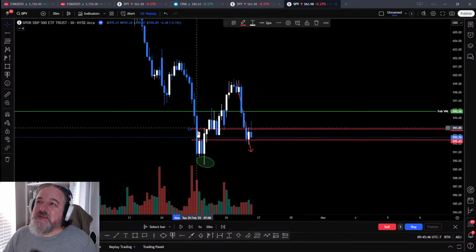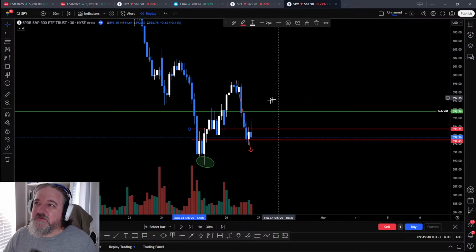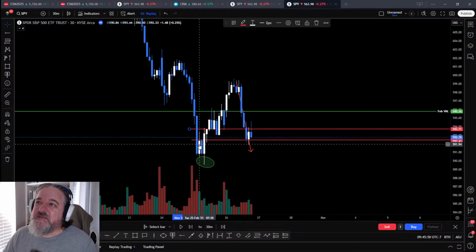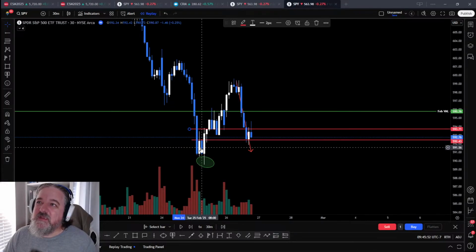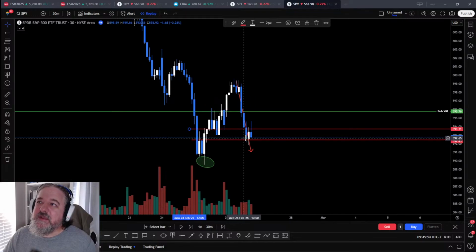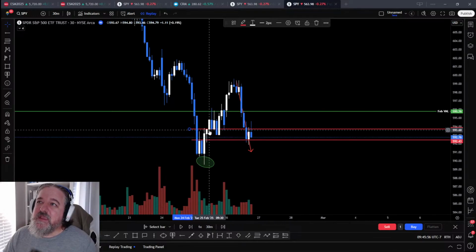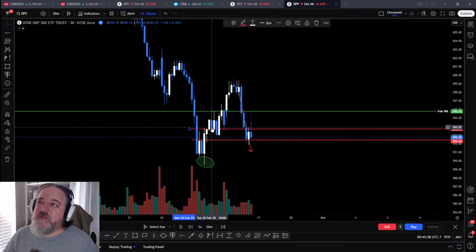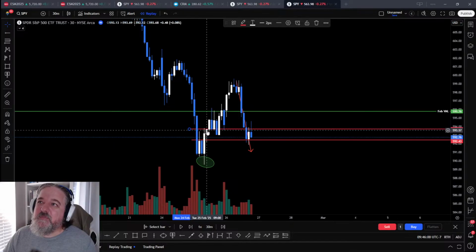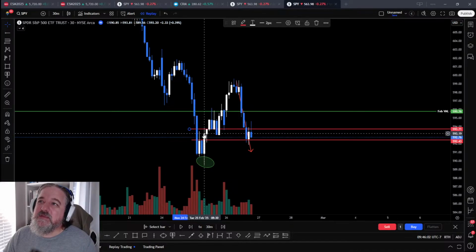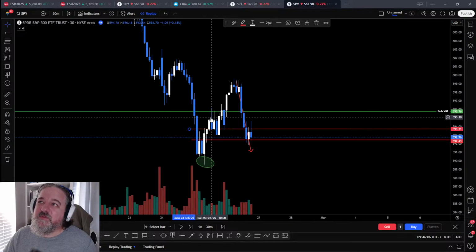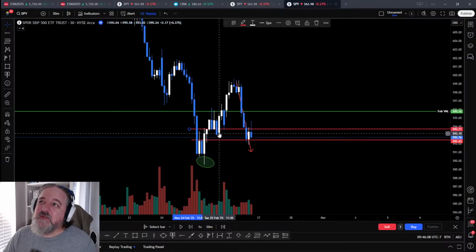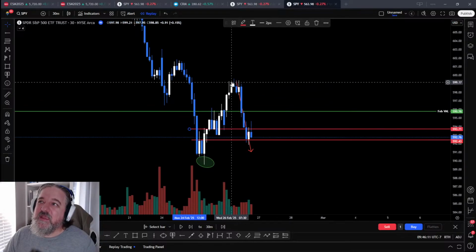And if you guys are paying attention, I'm not just randomly picking levels on the chart. This is the top of the bodies of these candles right here that I chose for this level. And this level here is the bottom of the bodies of these candles, or the top of this wick. So again, this is resistance, resistance, broken through, support, support, support. We broke through it again, became support again.